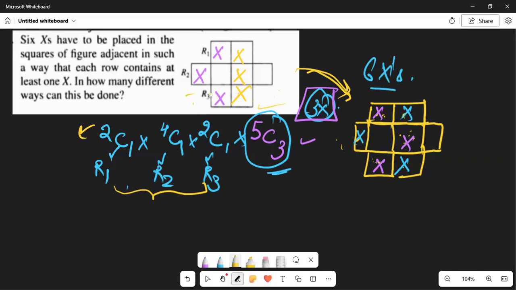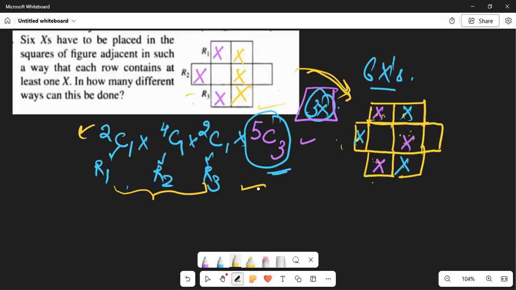But either you do this way or you do this way, there's no difference. You're ending up with the same pattern. That means this calculation gives you duplicates. There will be duplicate ways. So this method is highly incorrect.